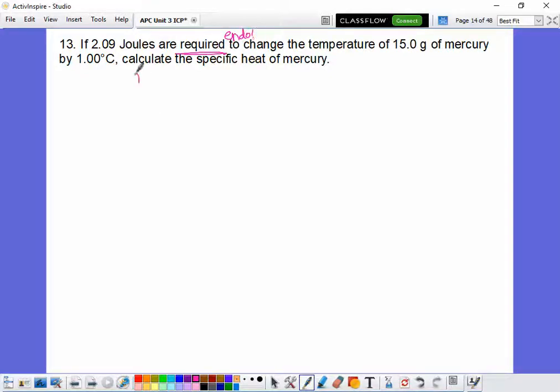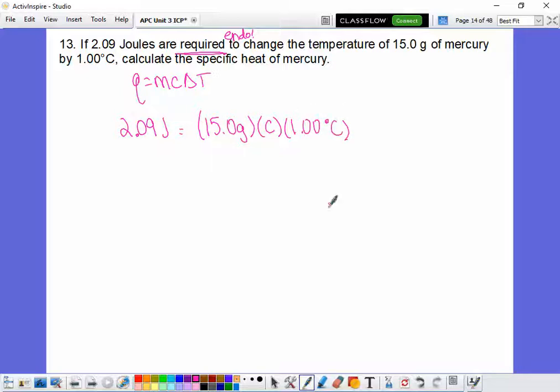Okay, so Q equals mcΔT. This time we're solving for C. My Q is 2.09 joules. M, what's my mass? C is what I'm solving for. And delta T is what? 1 degree Celsius. So go ahead and do that quick algebra.